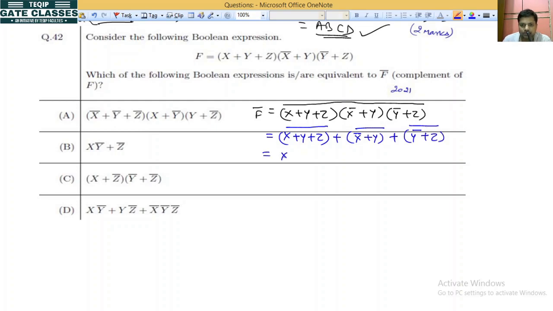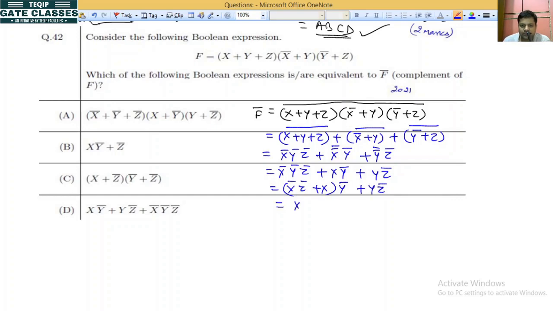So it will be x bar y bar z bar, again De Morgan's law, plus x double bar y bar plus y double bar z bar. So it will be x bar y bar z bar plus x y bar plus y z bar. So you have to take x y bar as common here. So what we will get? (x bar z bar plus x) y bar plus y z bar.